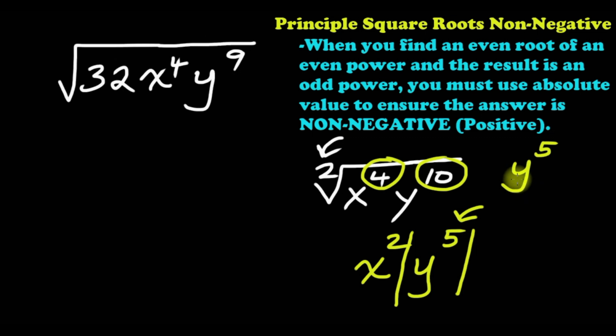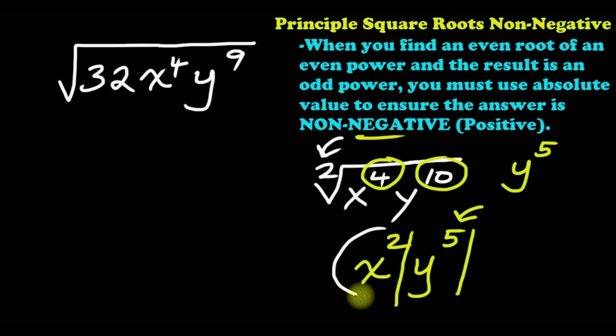Let's say y is a negative number, and when you raise it to the 5th power, it's going to stay negative. So to ensure that your answer is not negative, you need to take an absolute value of it, because the absolute value of a negative number comes out to positive. Now this one is okay.